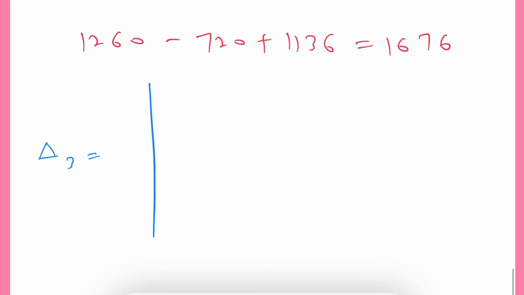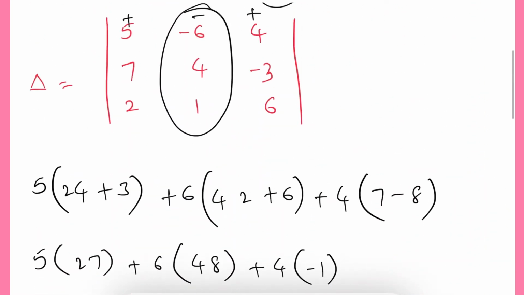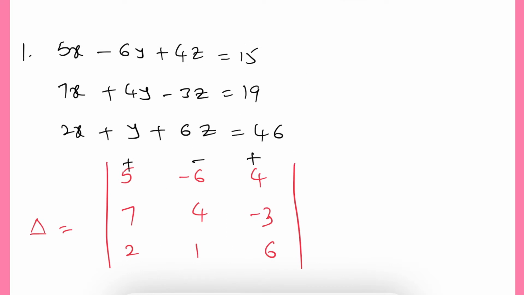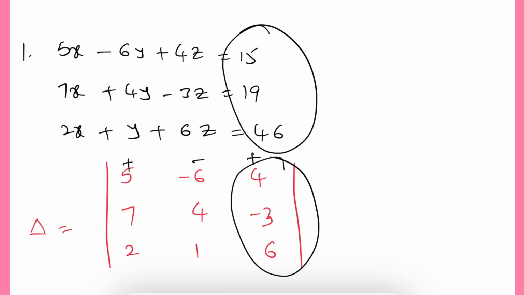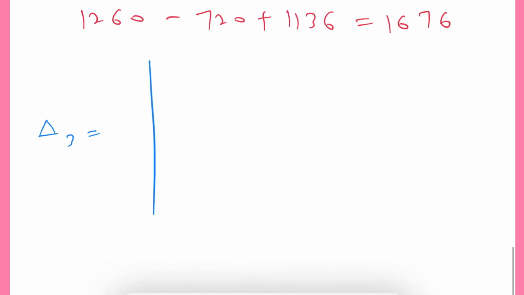So delta 3 means first row, second row will be first column, second column as it is. Third column we need to replace. Here if you observe, this third column we need to replace with these constants. So first column will be 572.